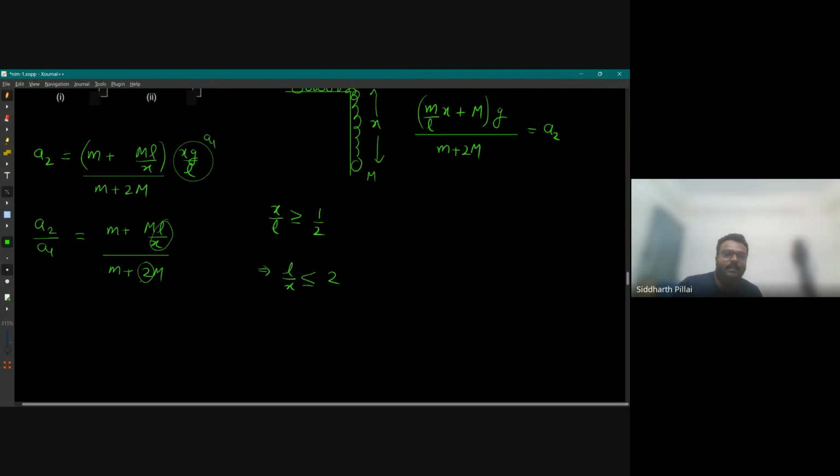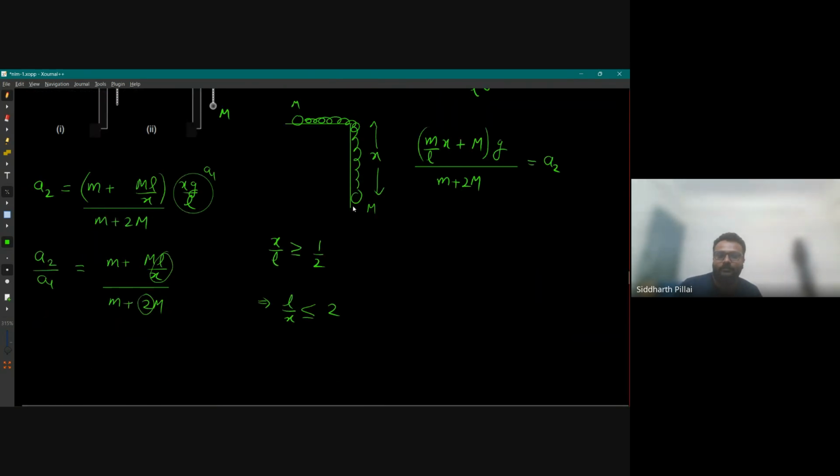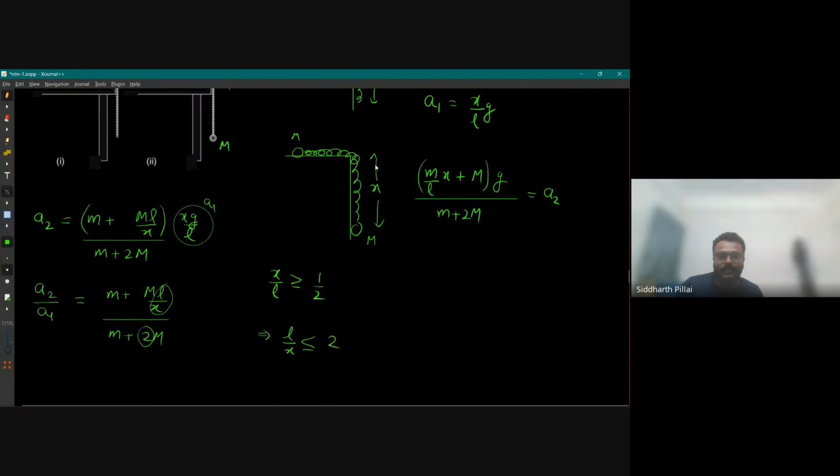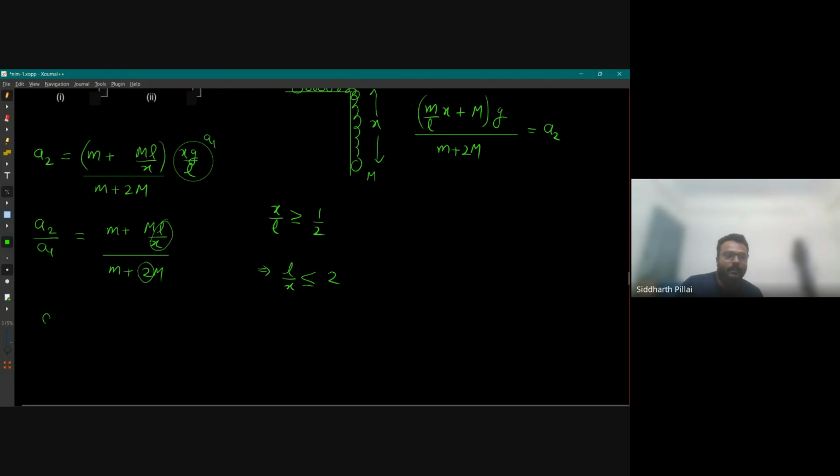So look at this here. This L by x is less than or equal to 2 and this 2 is just 2. That means the numerator as a whole would be less than the denominator, or at most equal when it starts to move. But as it is moving, as x increases, this numerator will become smaller compared to the denominator. Therefore, A2 is less than A1.